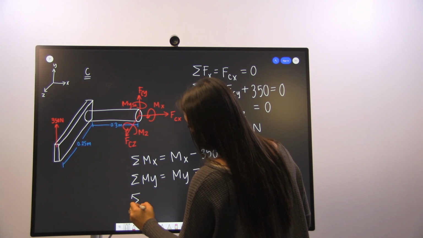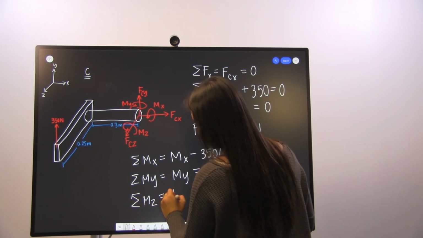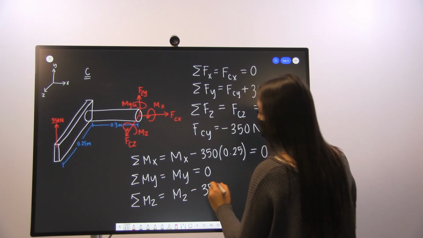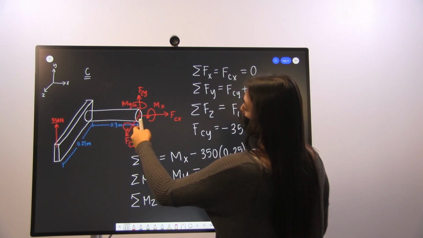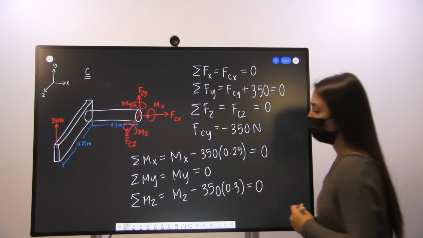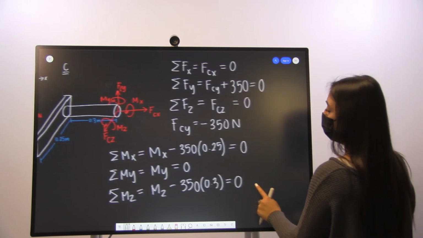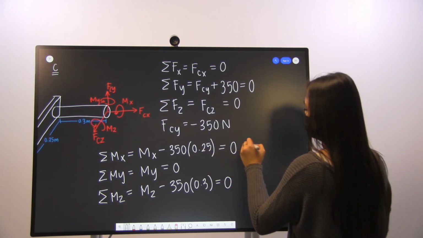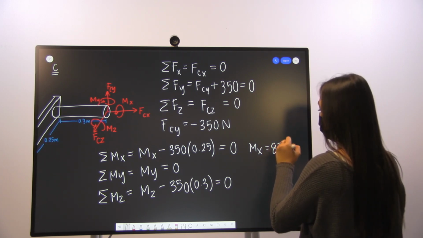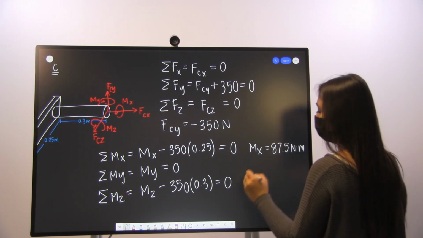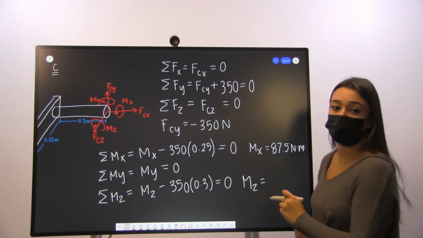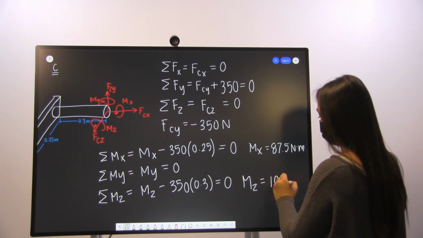And then in our z direction, we have our Mz, and we also have our 350 Newton force, but this time it's going to act 0.3 meters away from our point of interest, and again, that is all equal to 0. So here we can solve for Mx by rearranging this equation, and that's going to be equal to 87.5 Newton meters. We have My equals 0, and we can solve for Mz here, and that is going to be equal to 105 Newton meters.